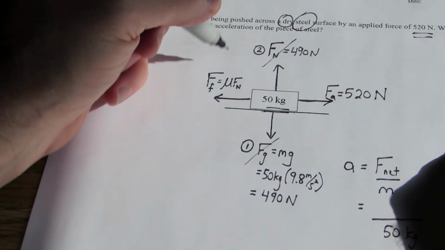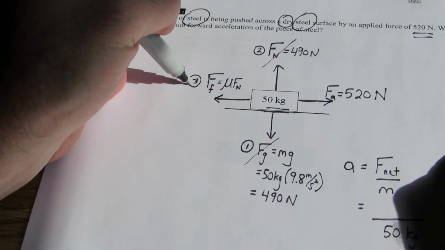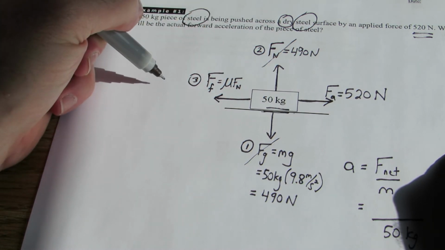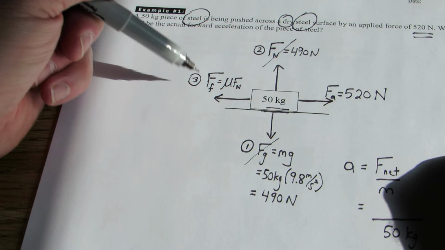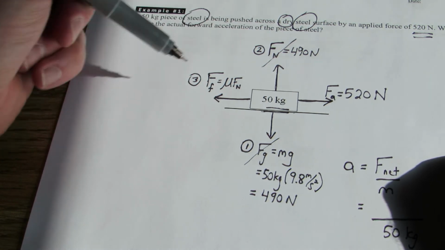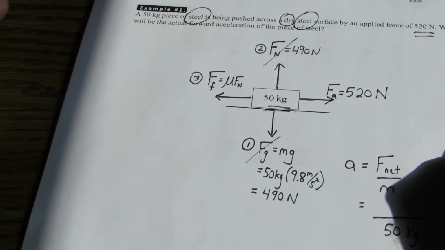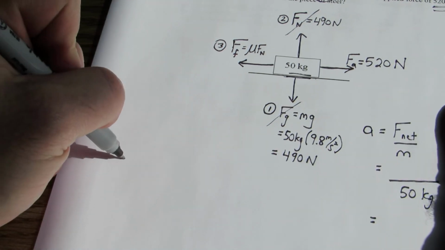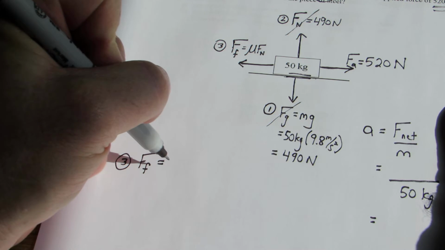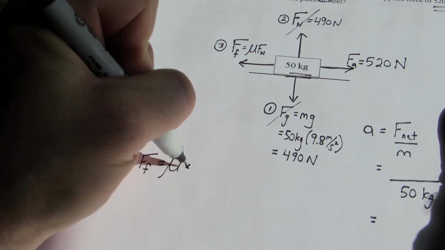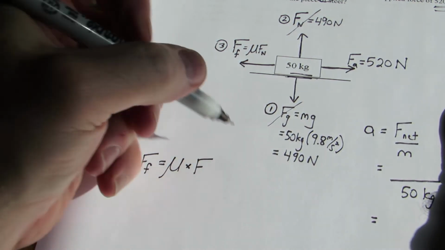Okay, so that's going to allow us to do step 3. We're going to calculate the force of friction now, which really is the only thing that we need to do in this calculation. But to build up to getting the numbers to do force of friction, you have to work that out. So I'll put it down here. Step number 3, force of friction equals coefficient multiplied by the normal force.